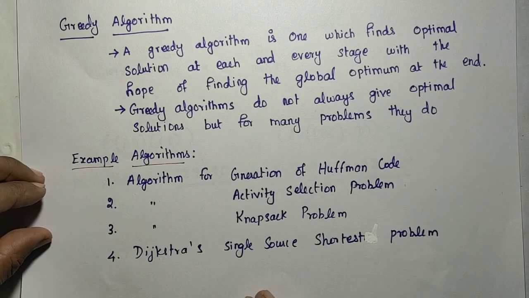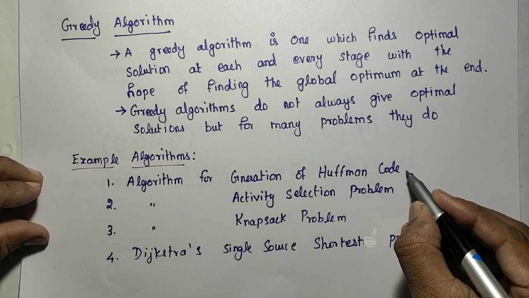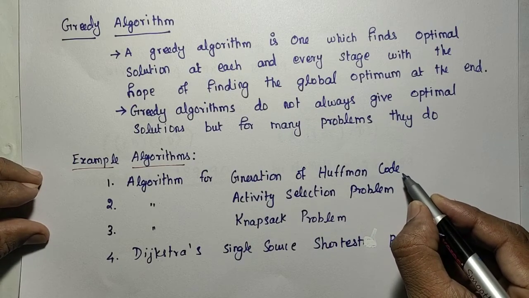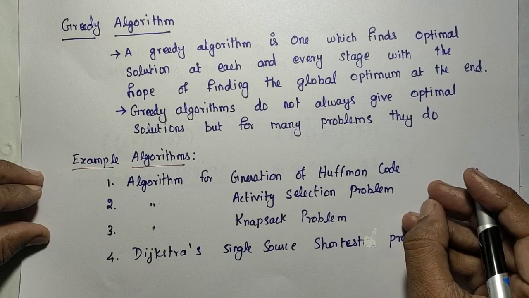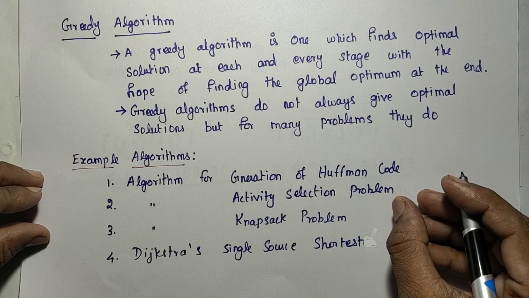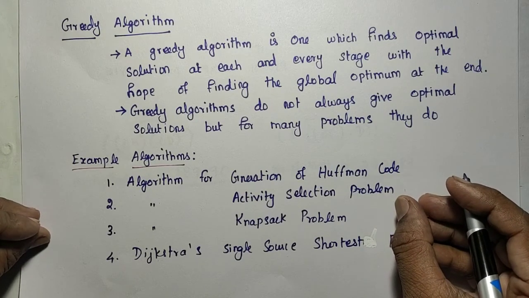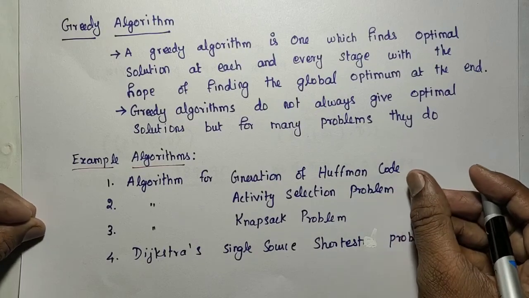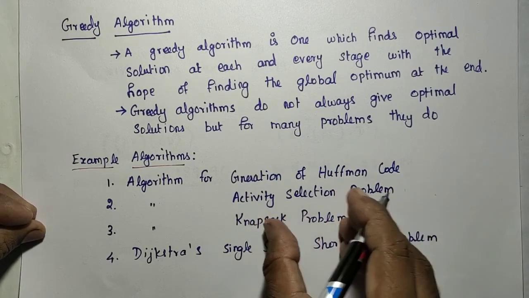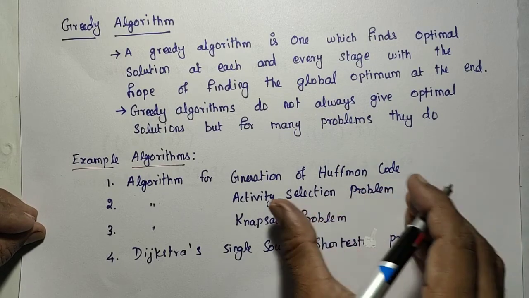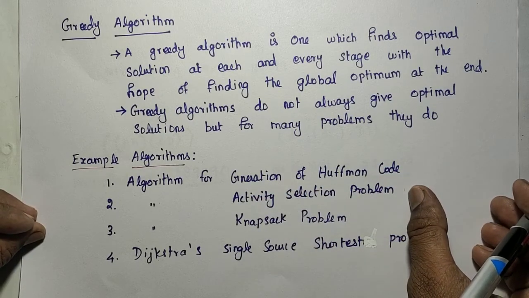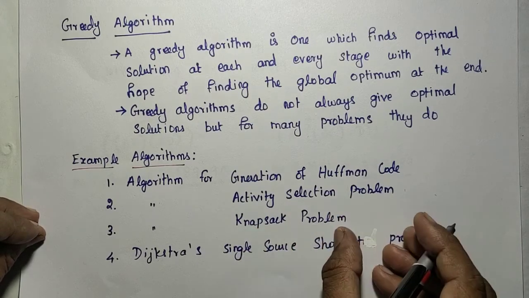And then generation of the Huffman code is another example. Huffman code is actually a technique used for data compression, okay, text compression. So that we'll discuss in detail. And then the activity selection problem. It is like scheduling the activities. Okay, so the activity selection problem. And another one is the knapsack problem.